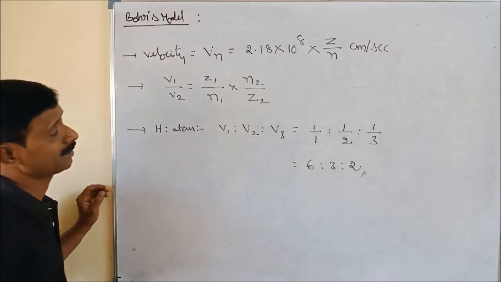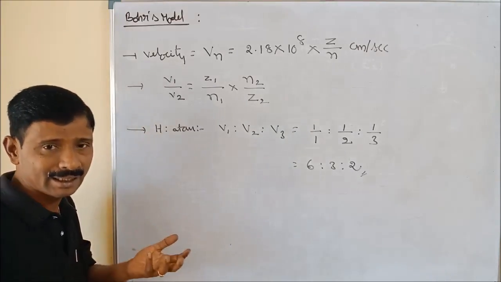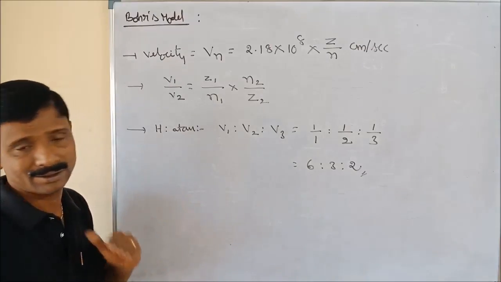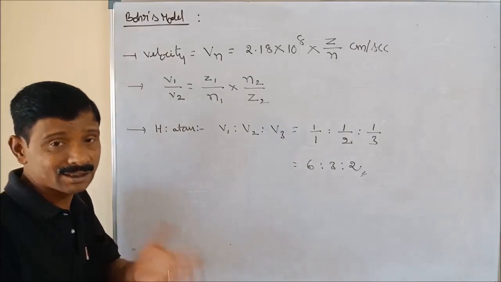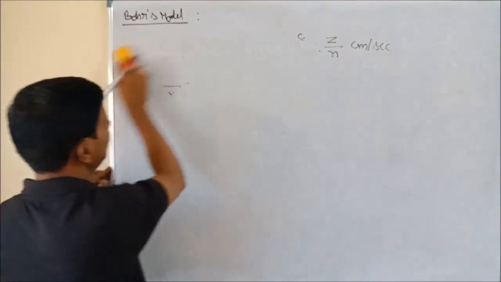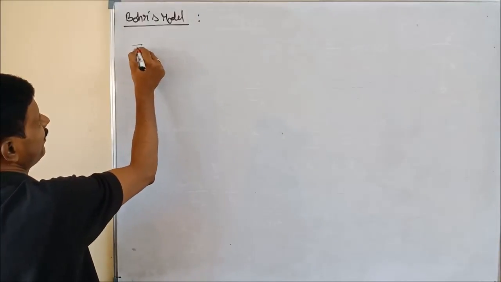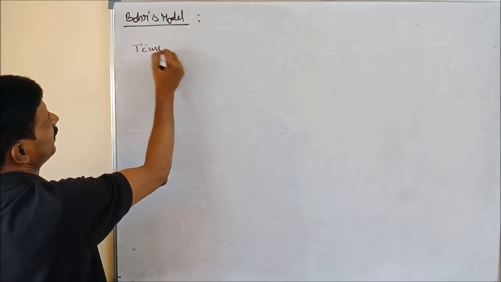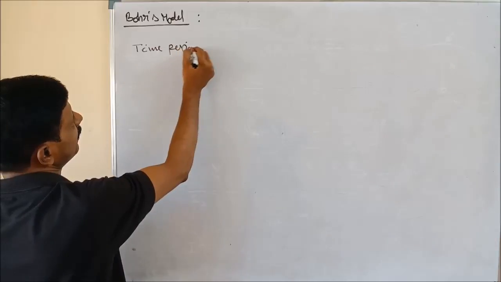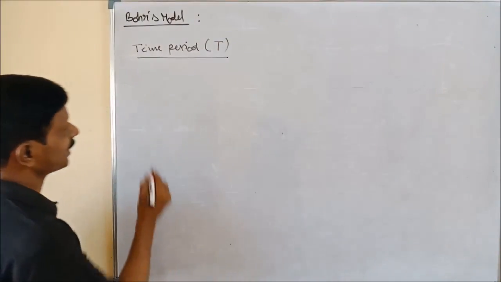After that, there are two concepts: time period and RPS, the number of rotations per second. First we will go for time period. If you observe, it is denoted by T. So what is time period?